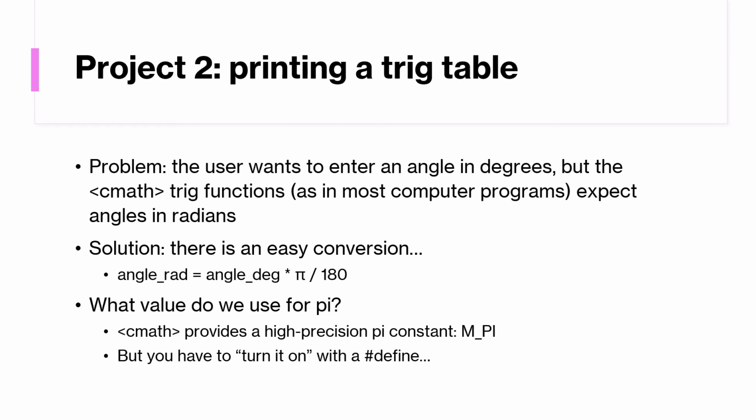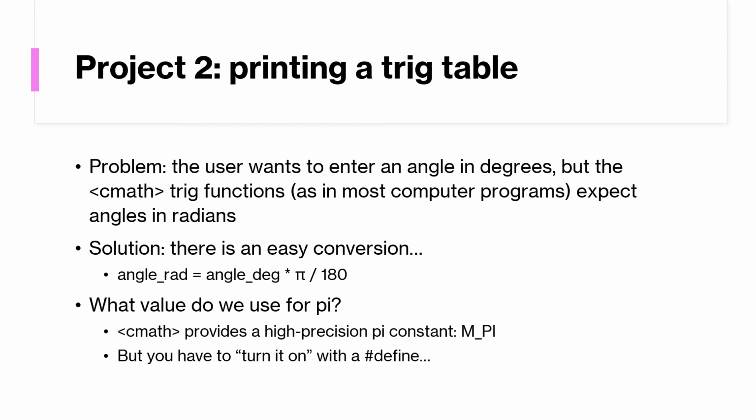Okay, so what value do we use for pi? We could just come up out of the top of our head, well, I know 3.14159. But is that precise enough to get the right answer from these trig functions?